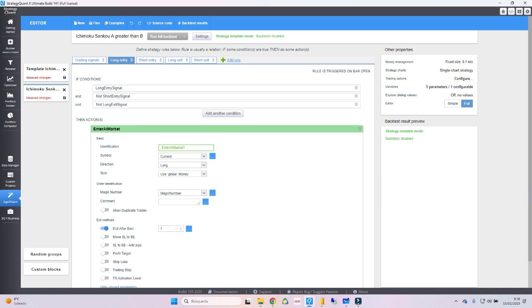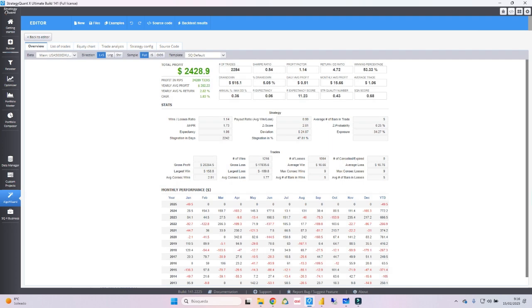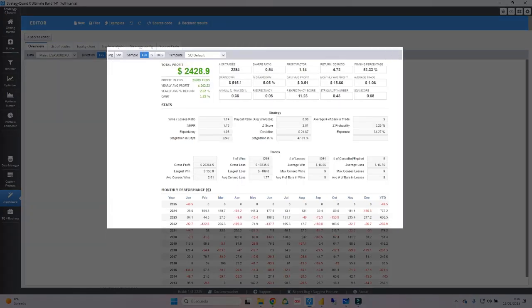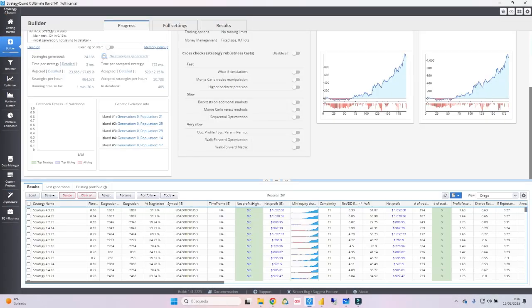After 5 hours, we said, right? I'm going to disable this. I'm going to run a full backtest, and we see that it has a drawdown of 4.272. I'm going to take a screenshot so we can compare with the other strategy.